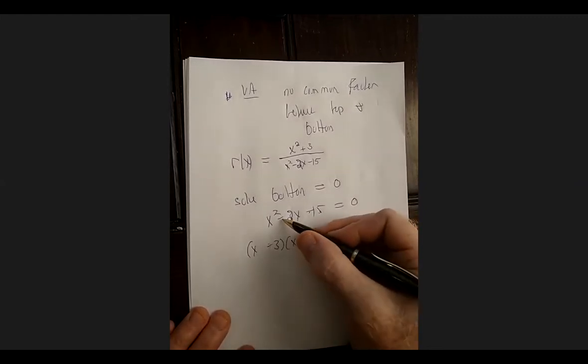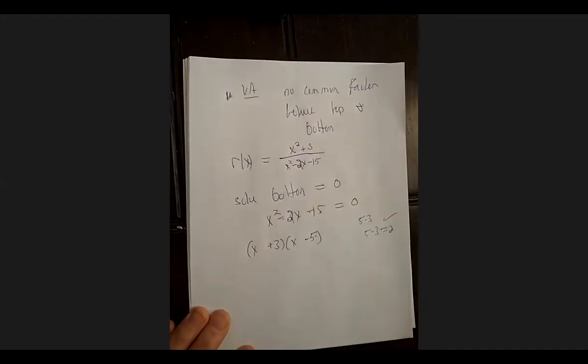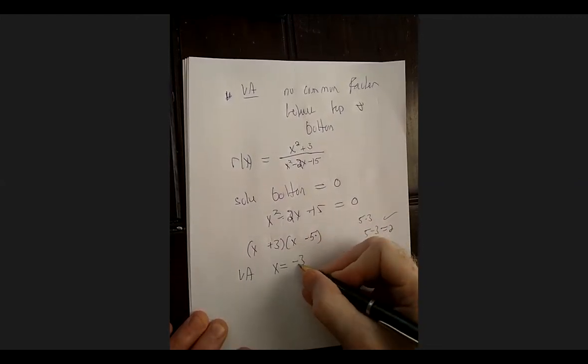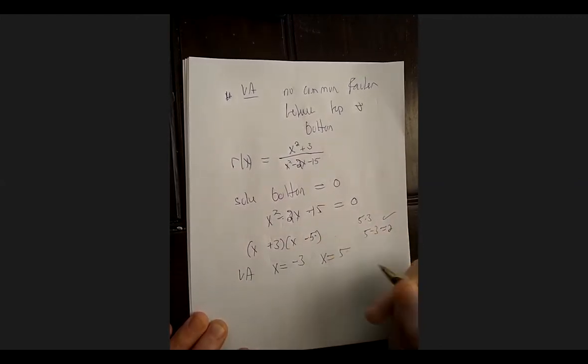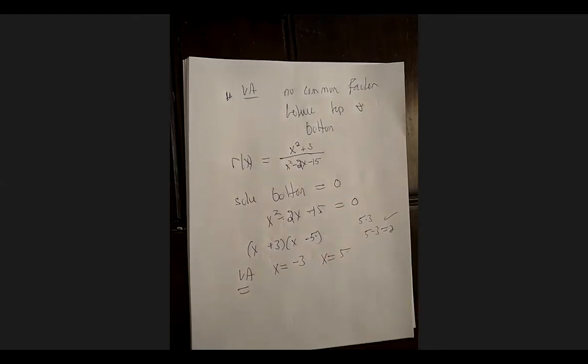So since the sign here is minus, that means the biggest is going to be minus. So that's what I get for my factoring. And so I have vertical asymptotes at x equals minus 3 and x equals 5. And then I would have to analyze or graph to figure out what the more specific behavior is.